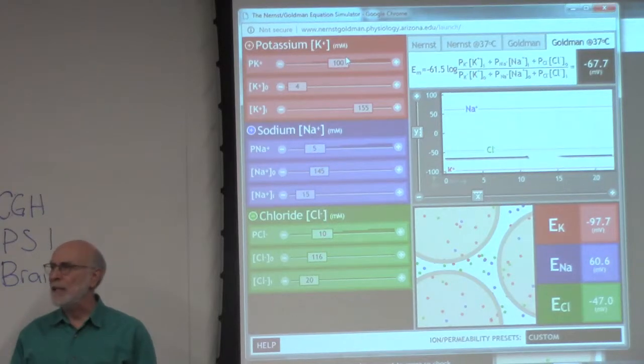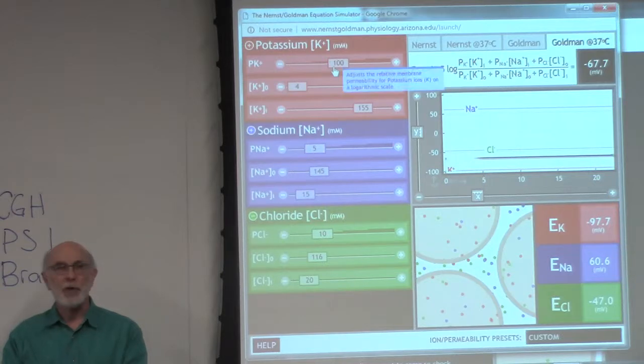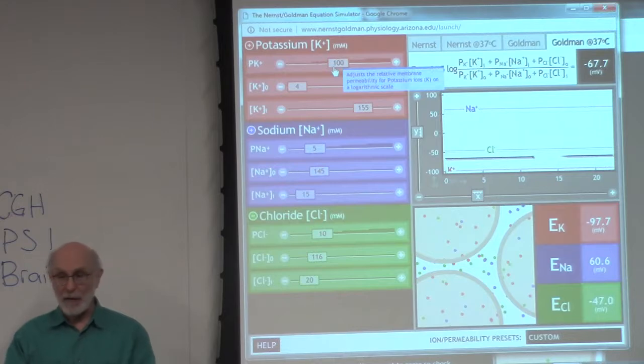What matters is their relative proportion. For example, in this condition, the relative permeability to sodium is 5 over 100, 5%. So this generic condition, I think it might be correct for the homework assignment, for the resting membrane potential.